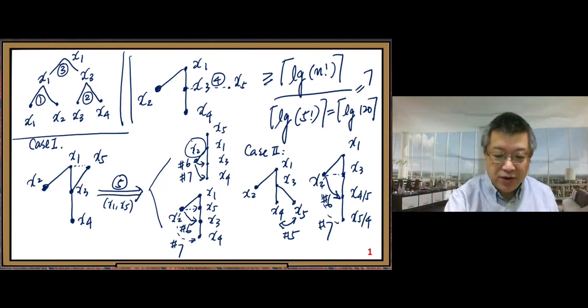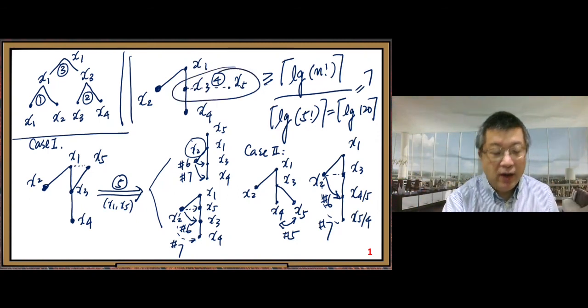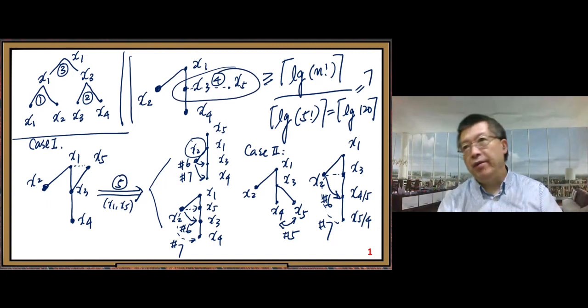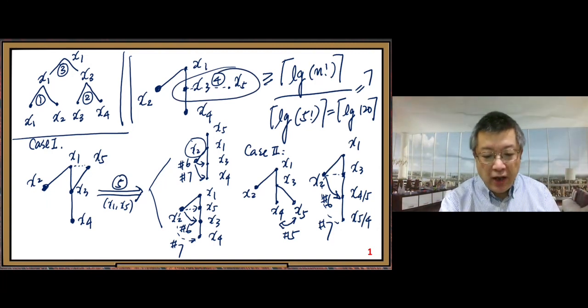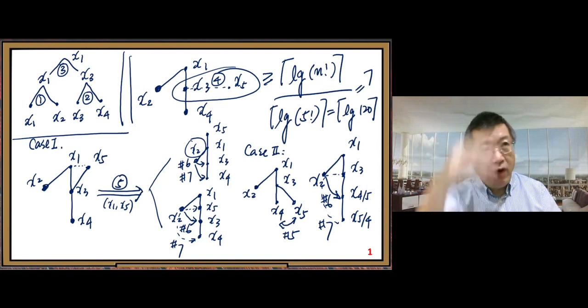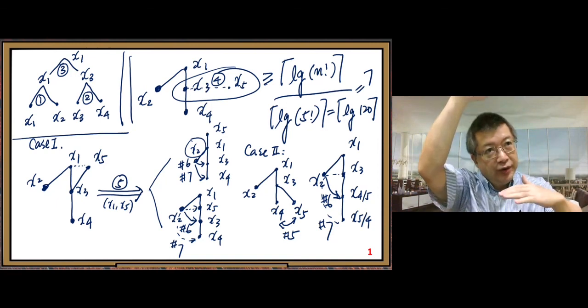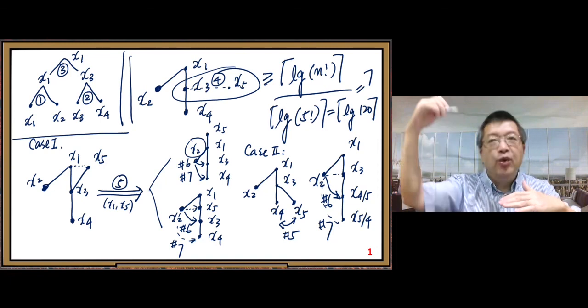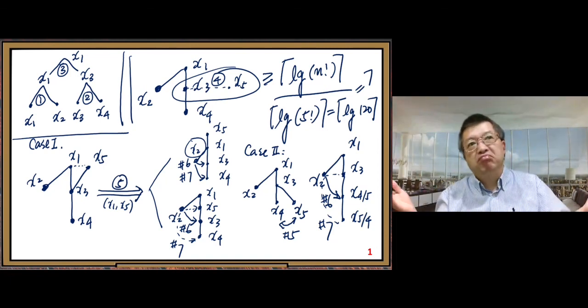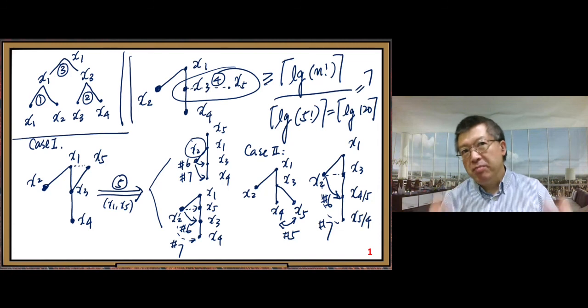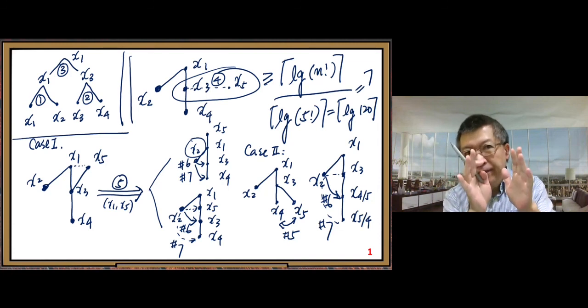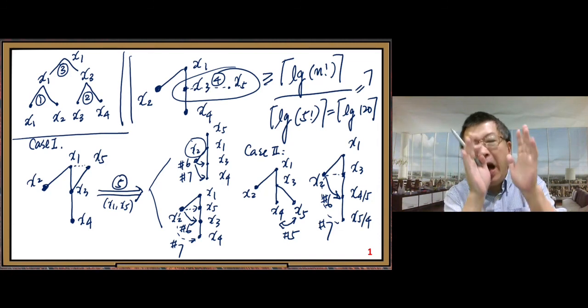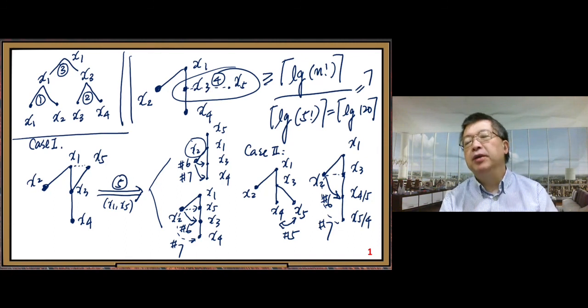You can see this is the binary way: x1, x3, x4 is an ordered array, and when we try to insert a new one, we use the binary search idea a little bit.